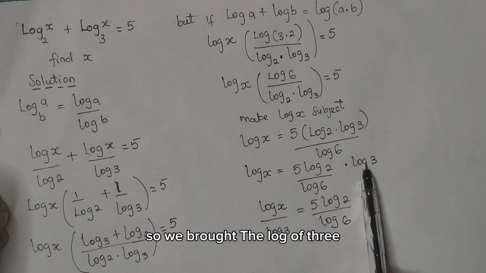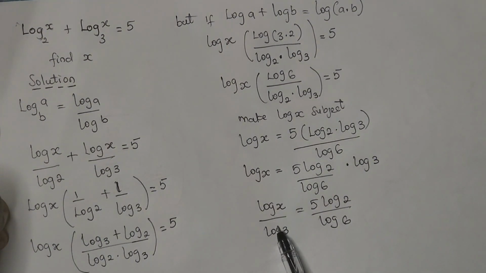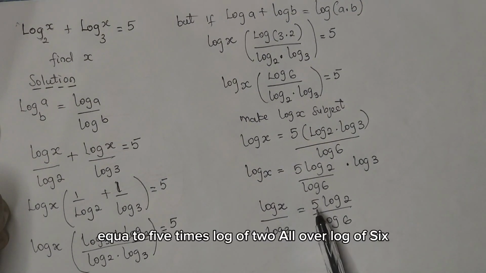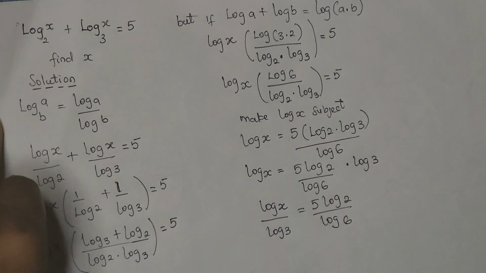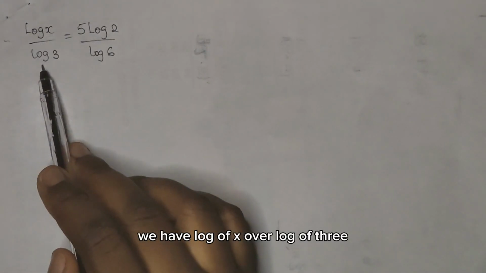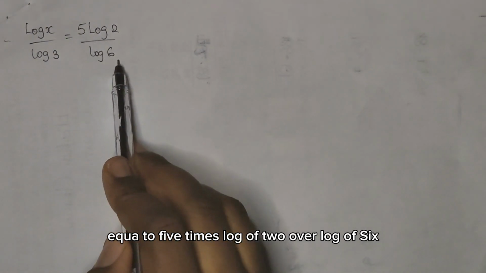So we brought the log of 3 over to the left hand side, it becomes division. So we then have log of x over log of 3 equal to 5 times log of 2 over log of 6.